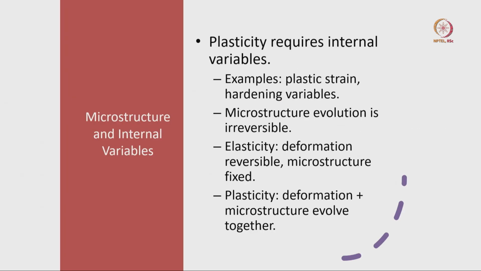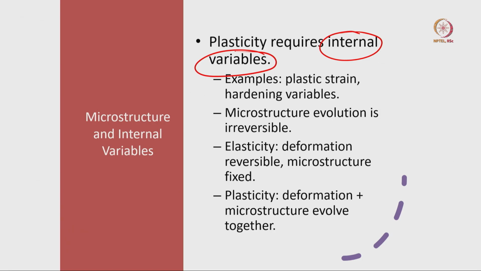Now let us quickly talk of the microstructure, which is so important. As I said already, the microstructure evolution and the deformation co-evolve during plasticity. They have to be taken together and solved for together. In order to define the microstructure at the continuum level, one very simple way is to define some smooth internal variables.